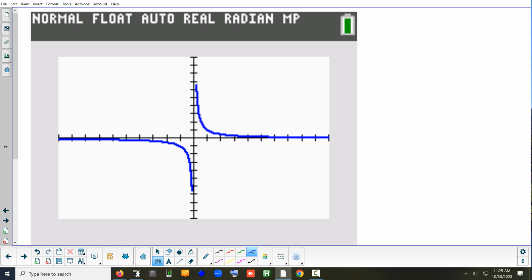Because it starts to get almost vertical, the calculator can't draw things that get vertical, so it just gives up. So this piece really should keep going up like that, and this piece down like that. On the left and the right, it did that fine. It doesn't have a problem as things start to flatten out.